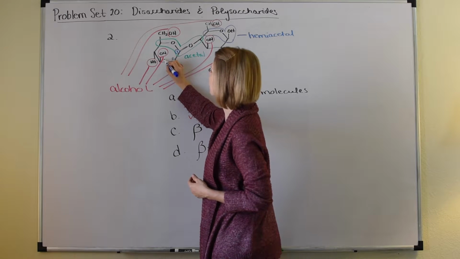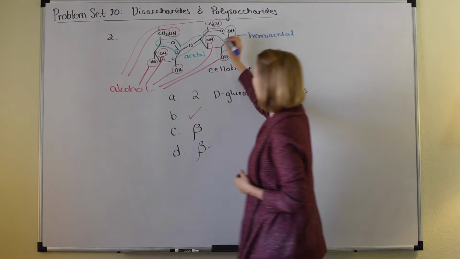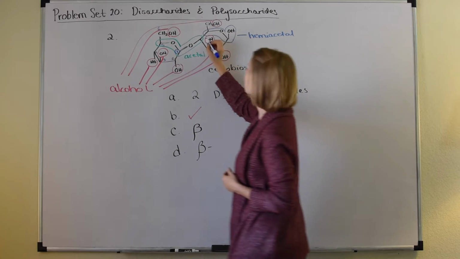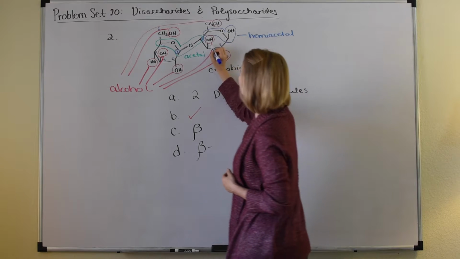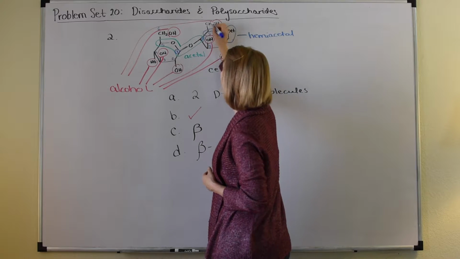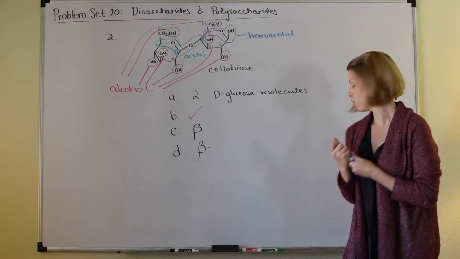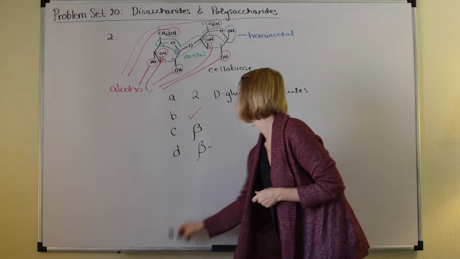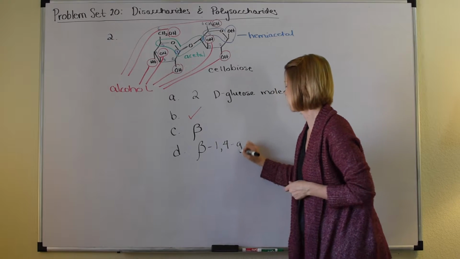So let me go ahead and label all of these, 3, 4, 5, 6, and it's connected to the 4. So again, I'll label these 1, 2, 3, 4, 5, 6. So it is a beta 1,4 glycosidic bond.